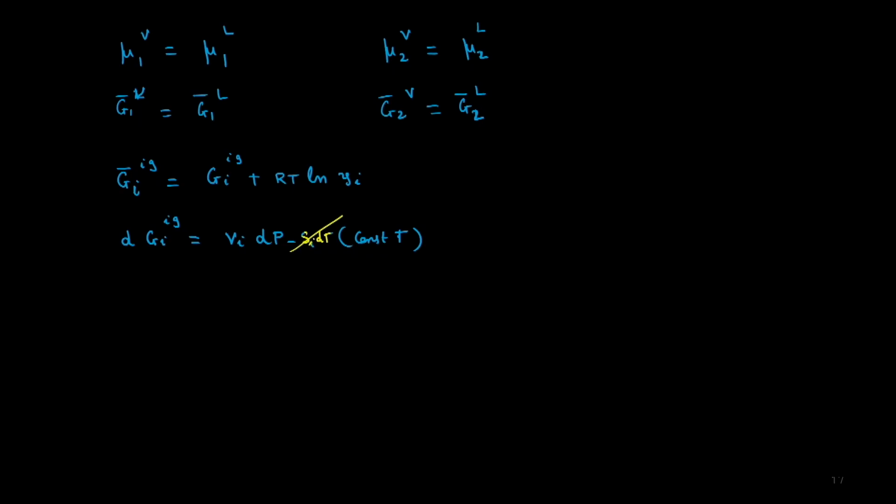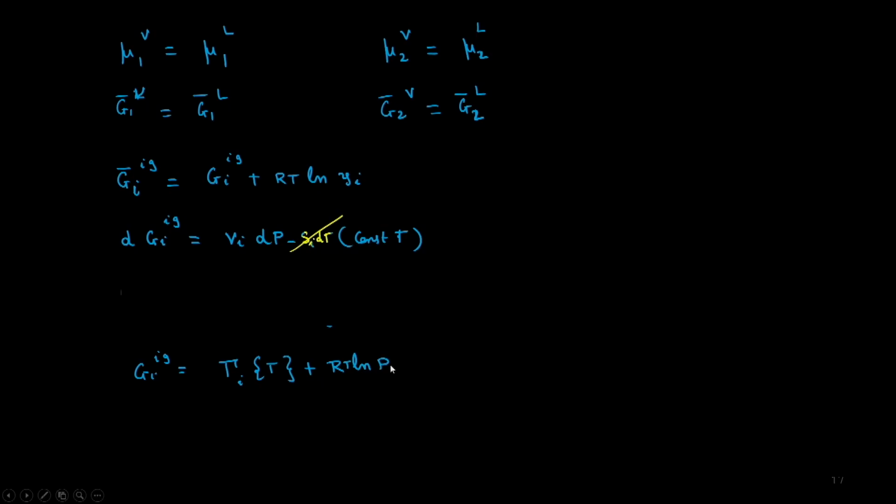This is dGi^ig, right? And we can integrate this from 0 pressure, and we can rework this integral to get Gi^ig is going to be some constant with respect to temperature for that species i plus RT ln P.